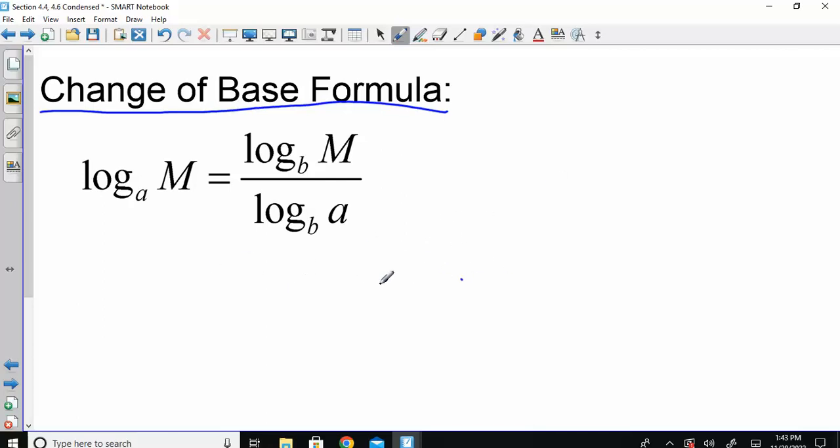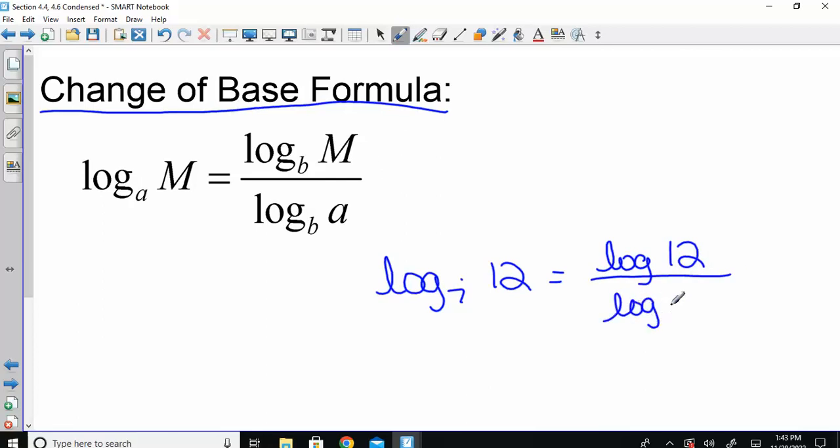Okay, so for example, if I said log base 7 of 12, you could get this on your calculator by doing log of the argument, the big number, so log 12 divided by log 7. I am aware that there is another way to enter the log base 7 of 12 into your calculator.